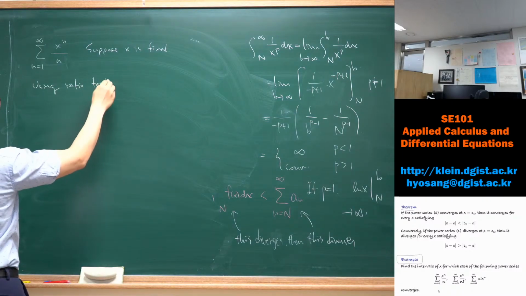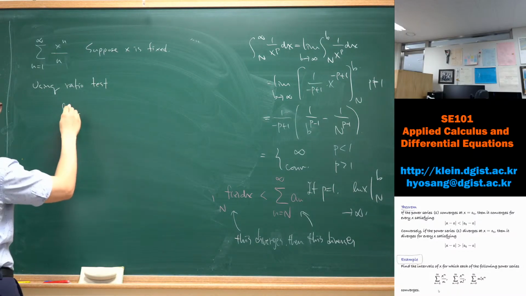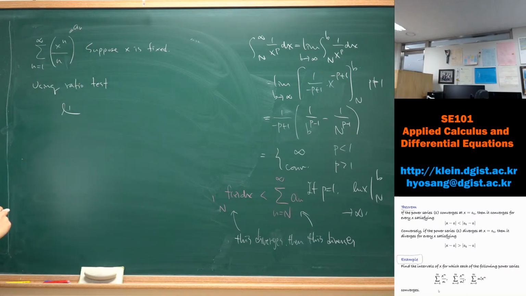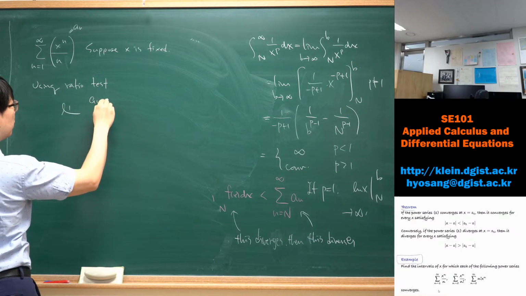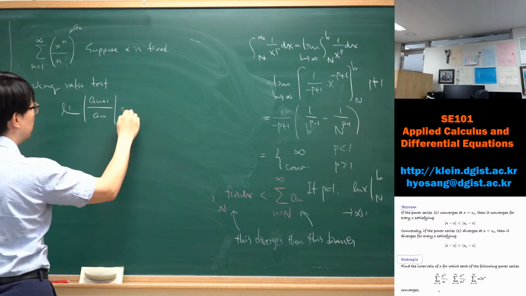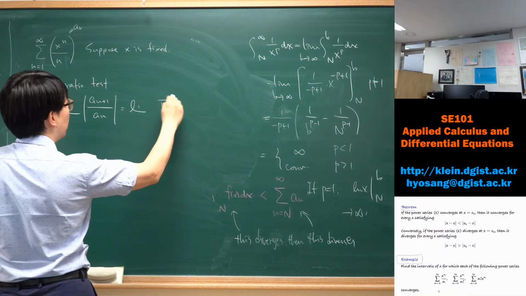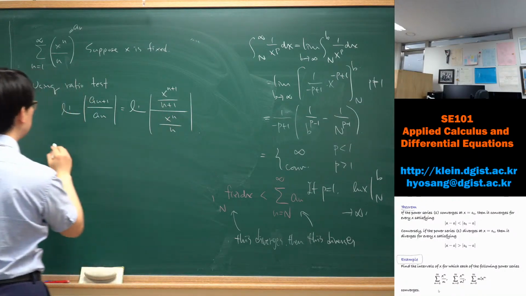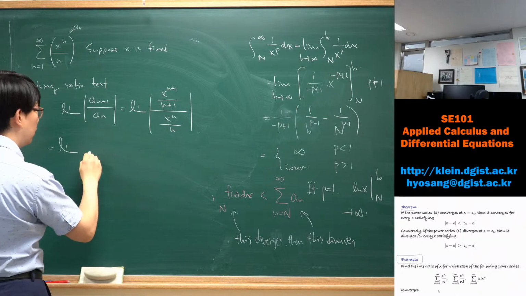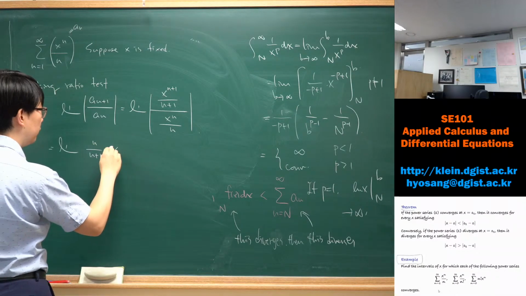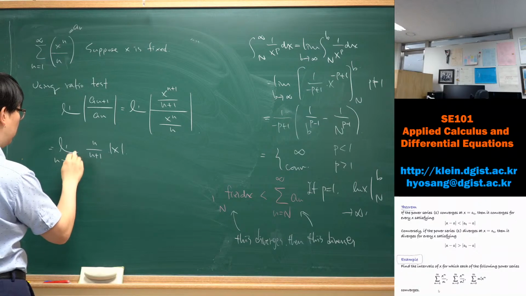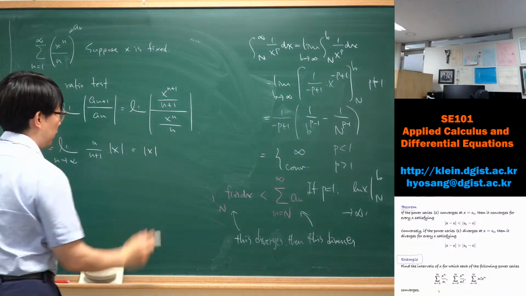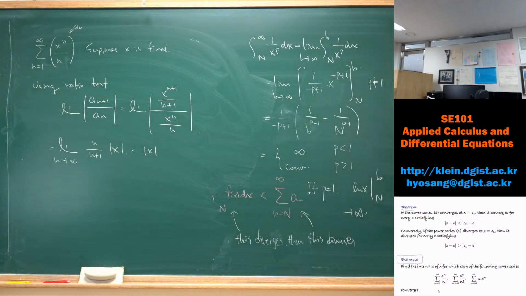So the ratio test says to take the limit of the absolute value of a_{n+1} over a_n, which is x to the n plus 1 over x to the n. This equals (n+1)/n times x as n goes to infinity. So as n goes to infinity, that factor goes to 1, and this is simply the absolute value of x.